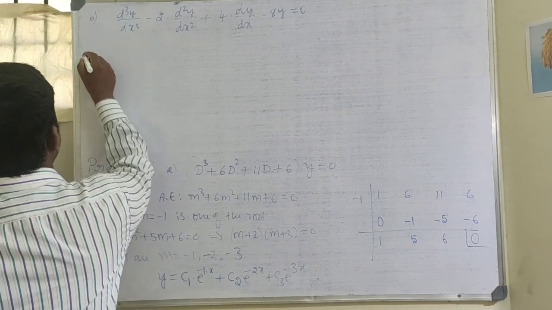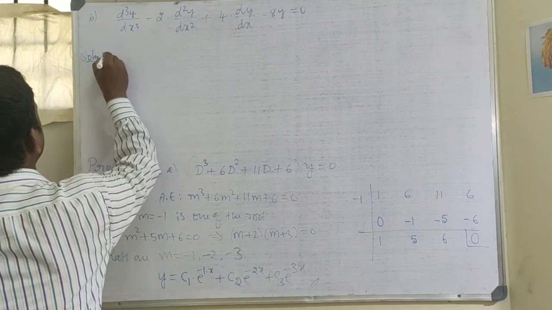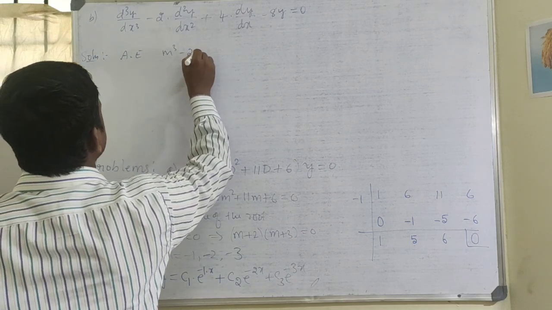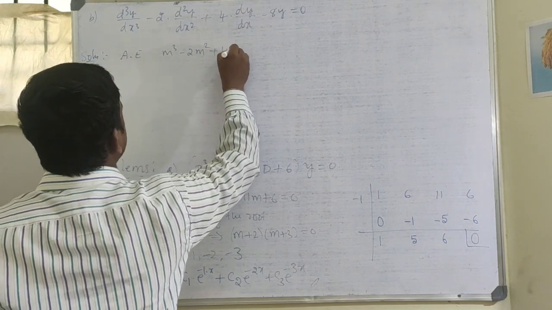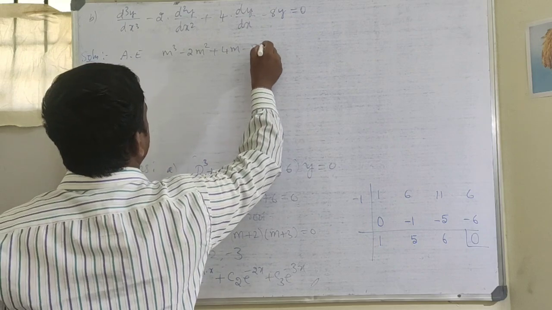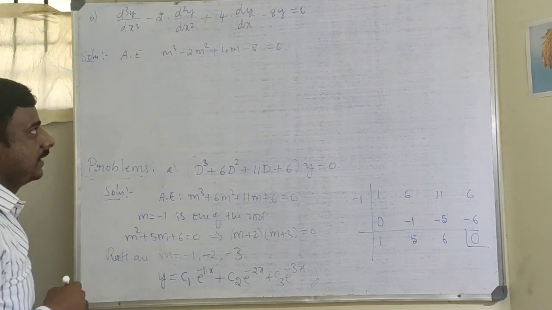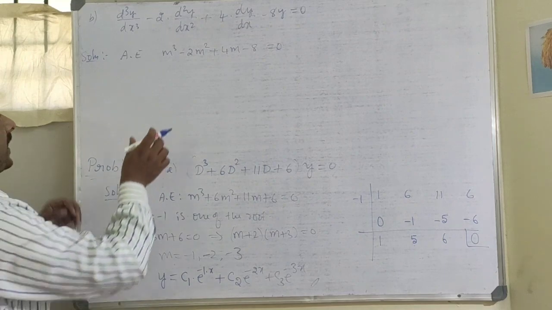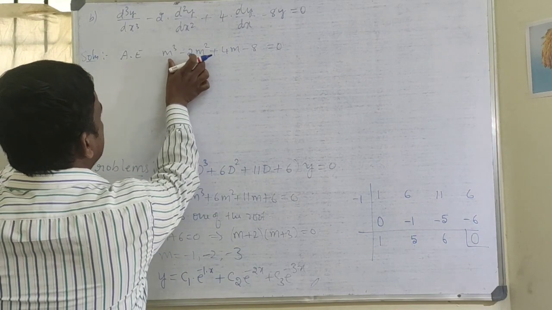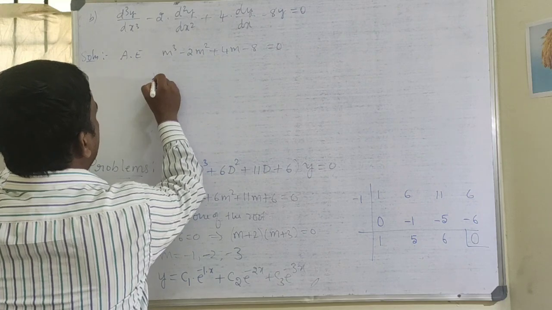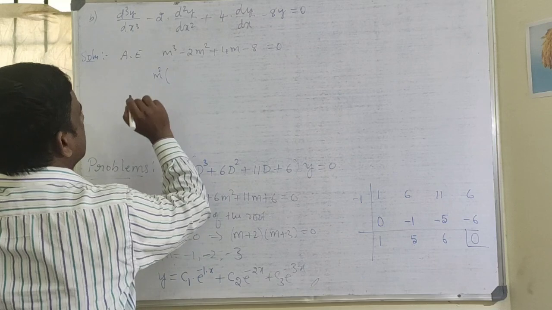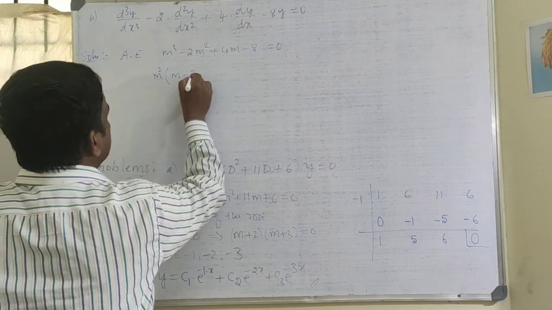Now write the auxiliary equation. The auxiliary equation is m cube minus 2m square plus 4m minus 8 equal to 0. That is the auxiliary equation. Now taking m square outside, I'll get m minus 2.